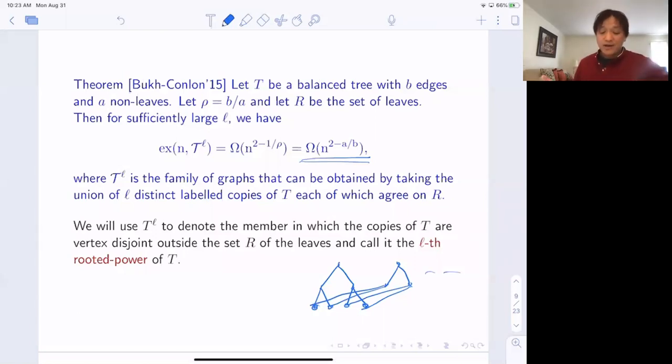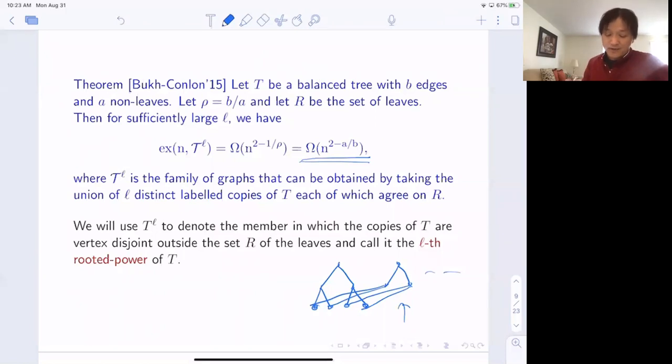Okay, from this point on, our focus will be on a clean member of this family. By clean, I mean that these copies of T agree on the leaves, but are otherwise vertex disjoint outside the leaves, such as the one I drew here, with 2 copies, but you can repeat this L times.